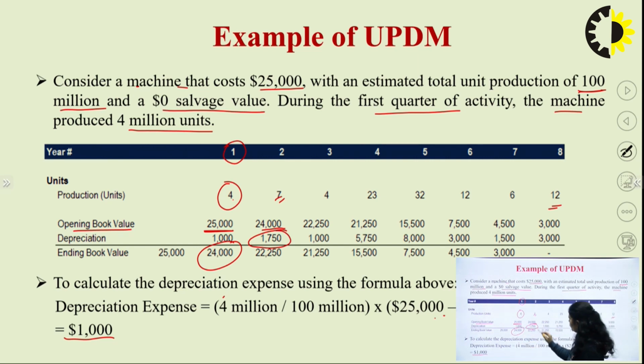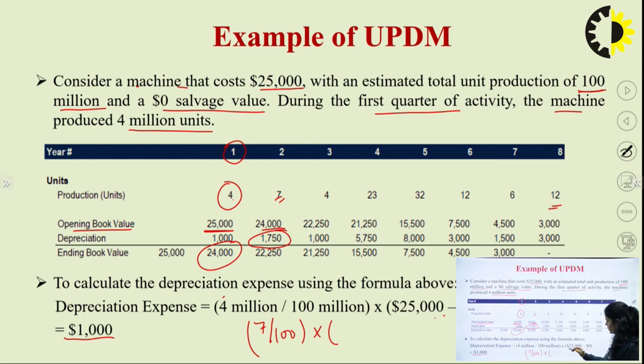So, here we will get 7 divided by the total number of units, into the cost of the machine, which is 25,000, minus salvage value, which is 0. When we calculate this, we will get 1750. In this way we can find out the depreciation over the useful life of the machine.